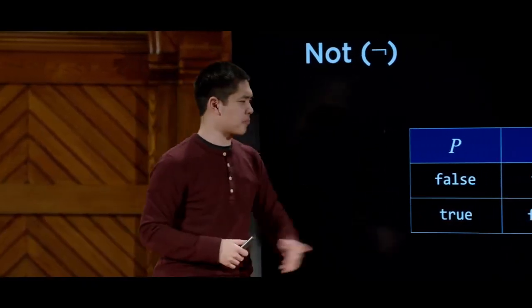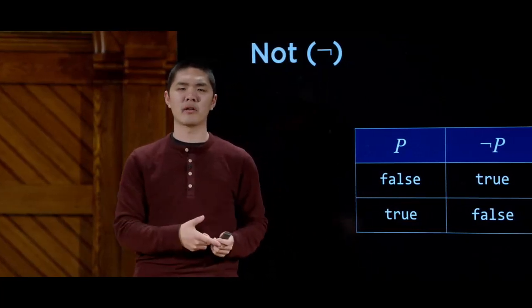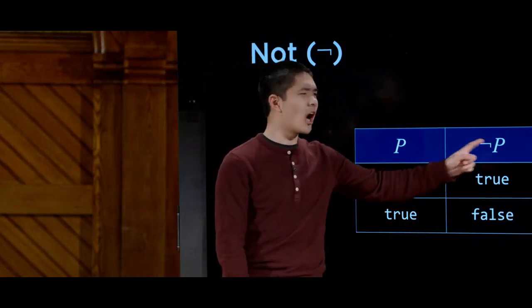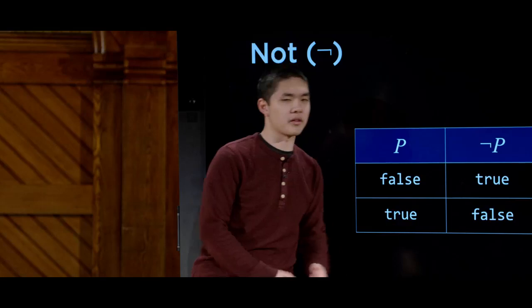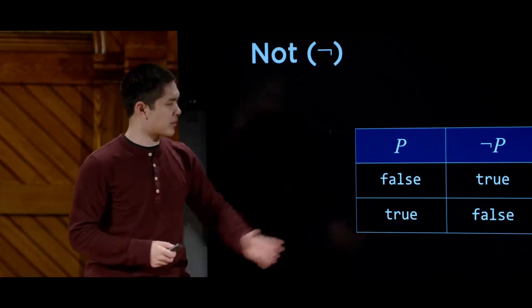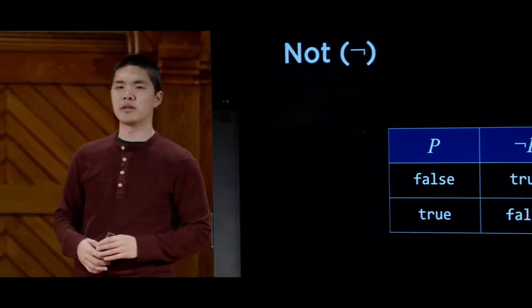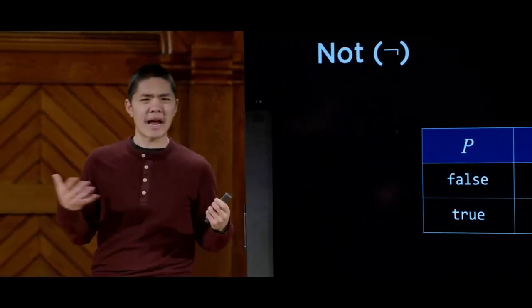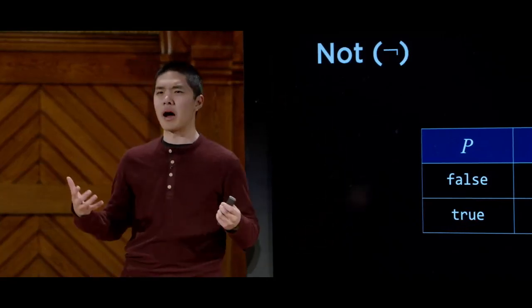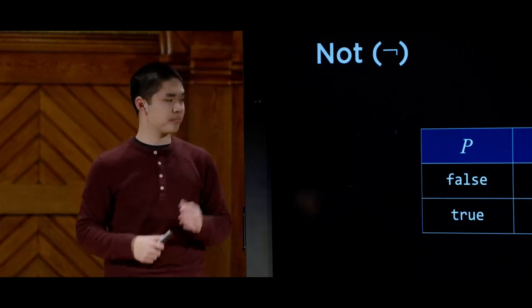And as you might expect, if P is false, meaning if the sentence it is raining is false, well, then the sentence not P must be true. The sentence that it is not raining is therefore true. So not, you can imagine, just takes whatever is in P and it inverts it, turns false into true and true into false. Much analogously to what the English word not means, just taking whatever comes after it and inverting it to mean the opposite.